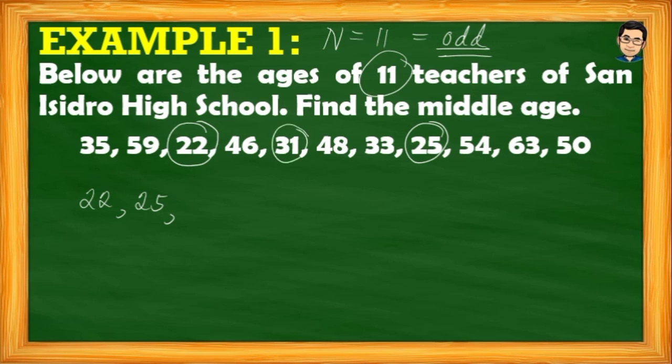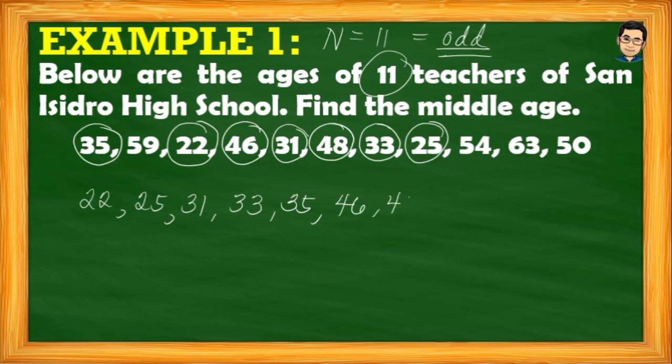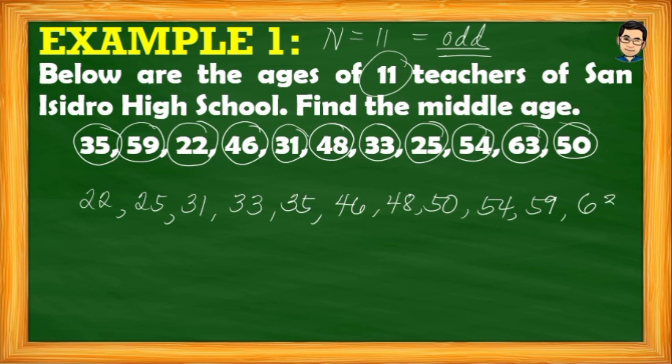We have 31, 33, and then 35. Line of 4 naman tayo, 46, 48. Next, line of 5, 50, 54, 59. And then yung line of 6 natin is 63.